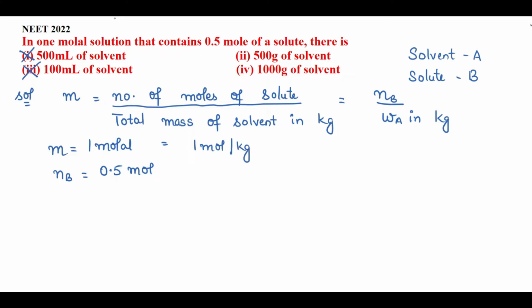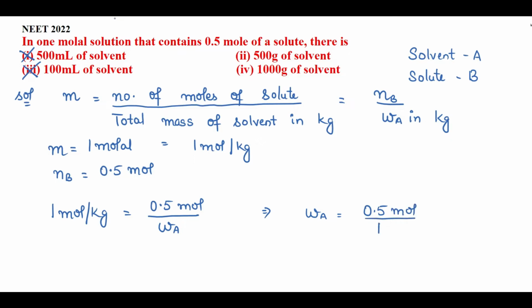Now let's put the values. So molality, that means 1 mole per kg, equal to number of moles of solute, 0.5 mole, divided by total mass of solvent WA, right? Now I'll take WA on the other side of equal to, and 1 mole per kg in the denominator, right? So WA equals 0.5 mole divided by 1 mole per kg.